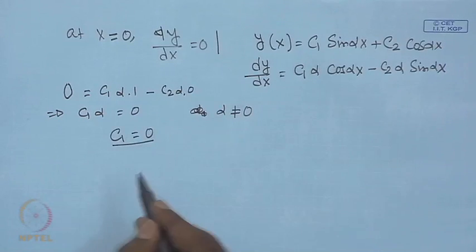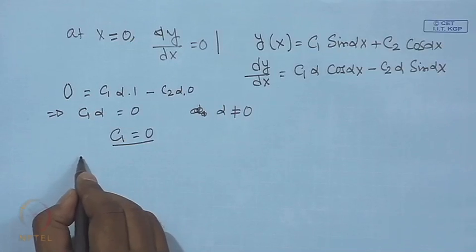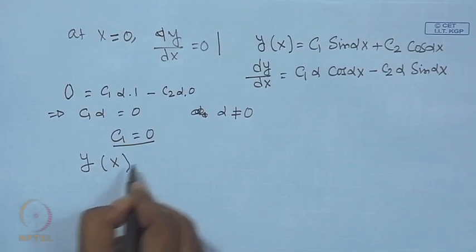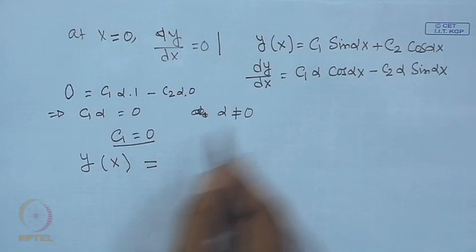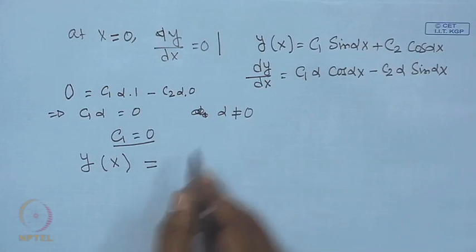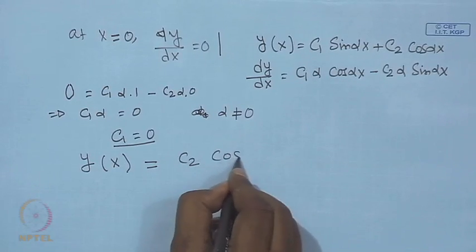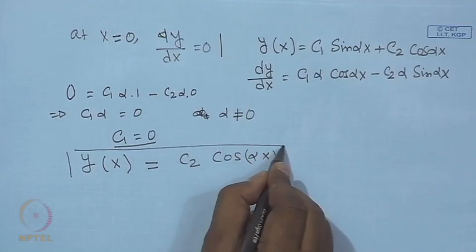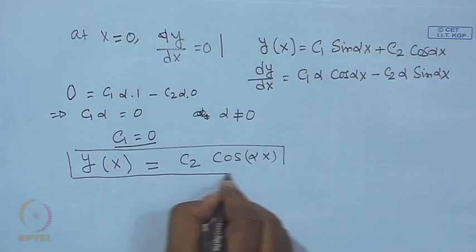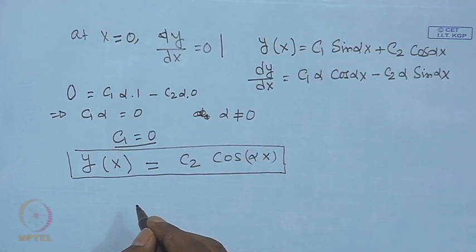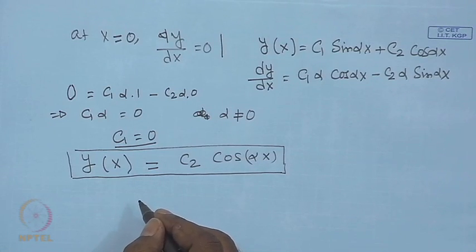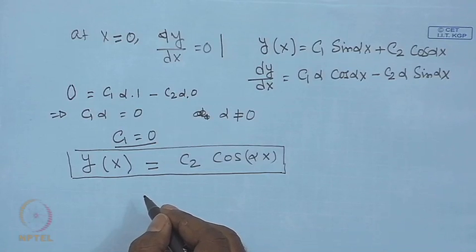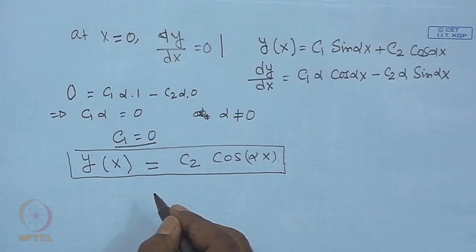If c 1 is equal to 0, let us see what we get. The solution we will be getting is y as a function of x, since c 1 is equal to 0, c 2 cosine alpha x. That is the form of the solution we are getting, and this solution is a non-trivial solution. Now, we have to evaluate the eigenvalues and eigenfunctions. We have one more condition left, that is the boundary condition at x is equal to 1.